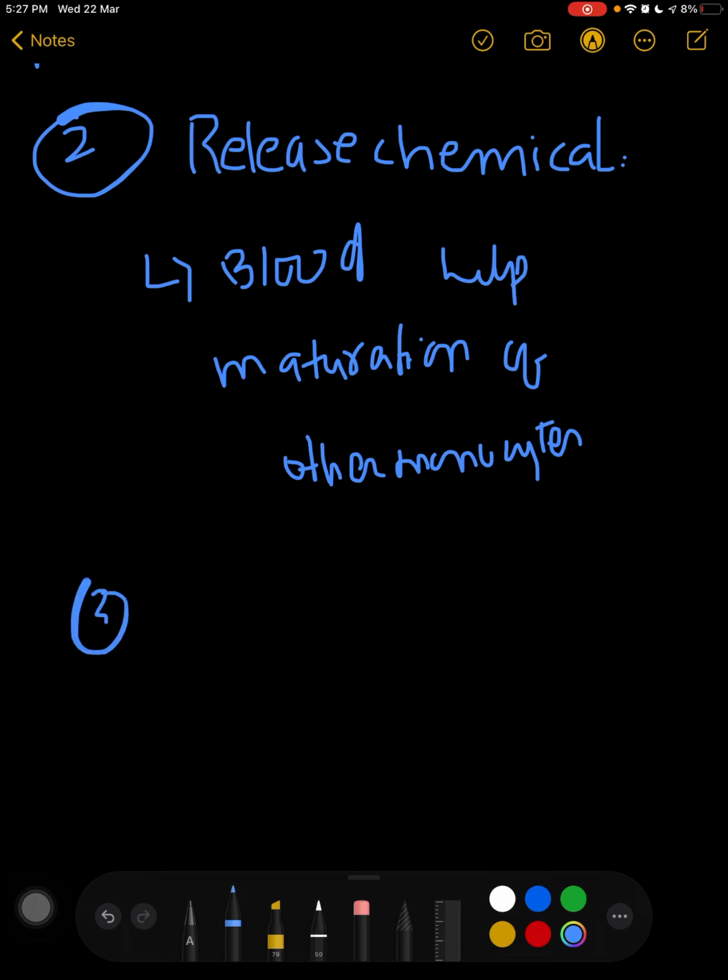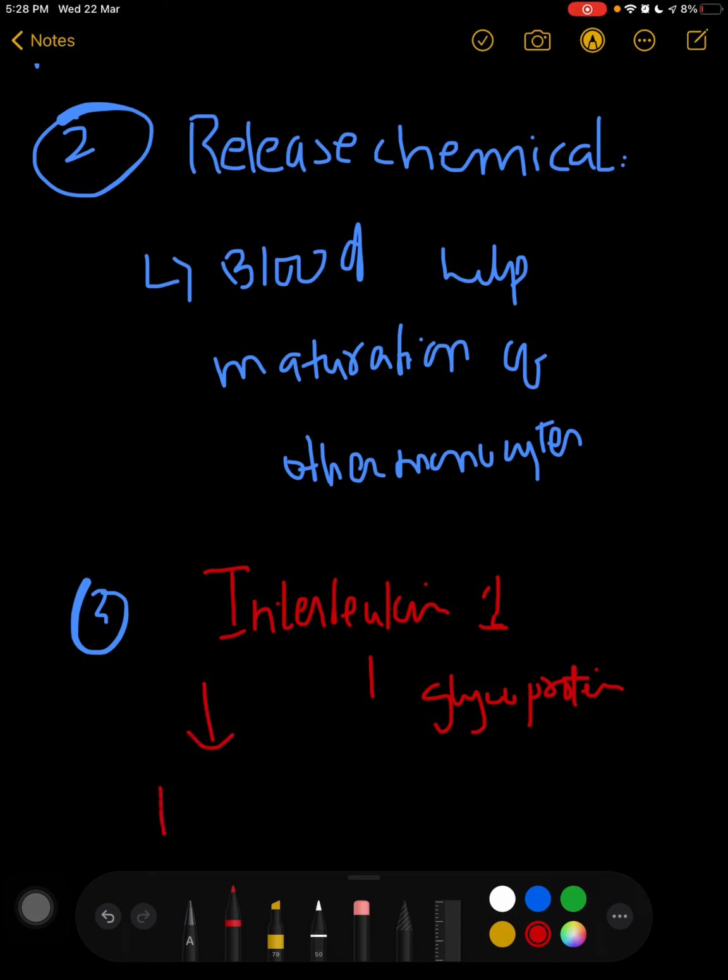Then another function is that they release interleukin 1. Basically, interleukin 1 is a glycoprotein which is released by macrophages in order to raise the temperature.